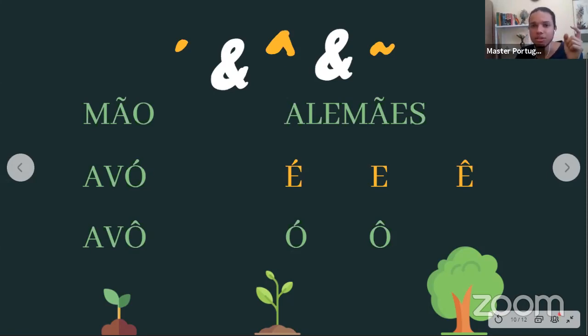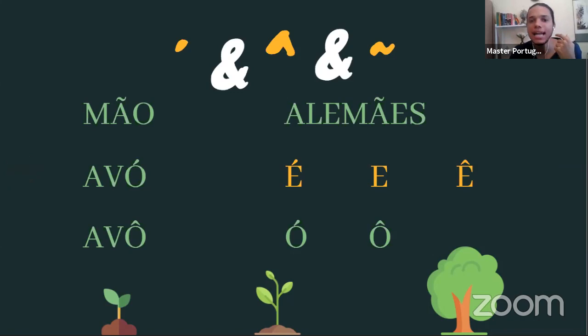Every time that you see this, it's a closed vowel sound. And this is called til, like uncle, tio, and it makes it nasal. For example, mão. With this til, it turns this into a nasal sound.